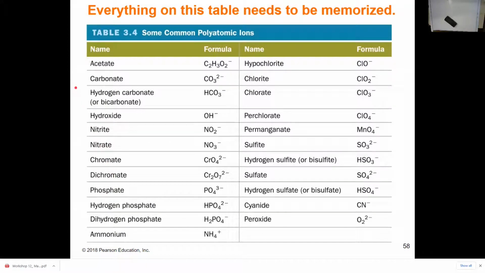All right, but here is our polyatomic ion list. You do need to know everything that's on this table. You have to be able to use all of these polyatomic ions when you're either making formulas from names or names from formulas.